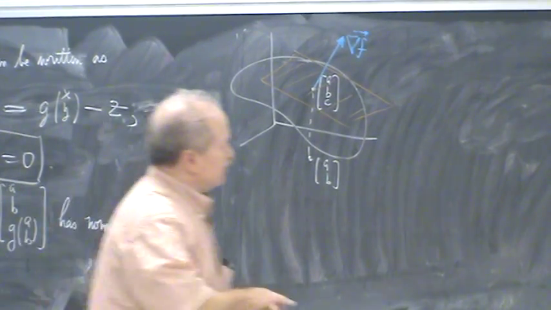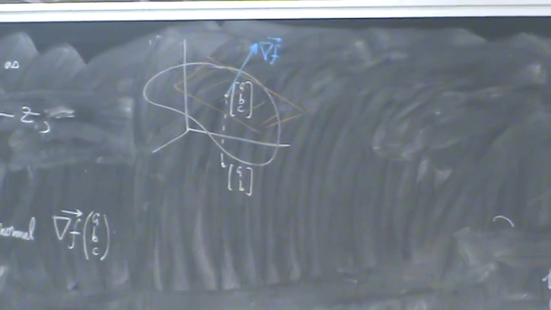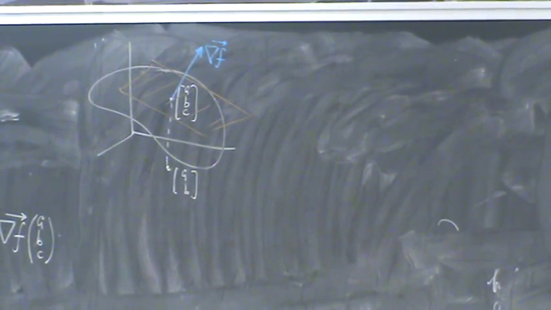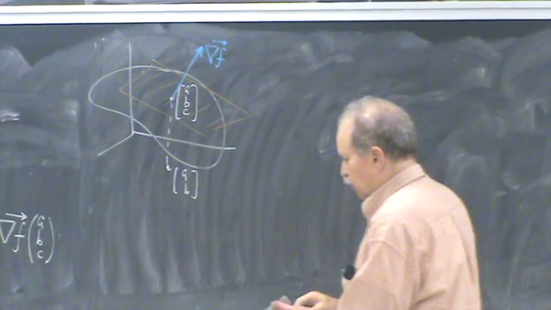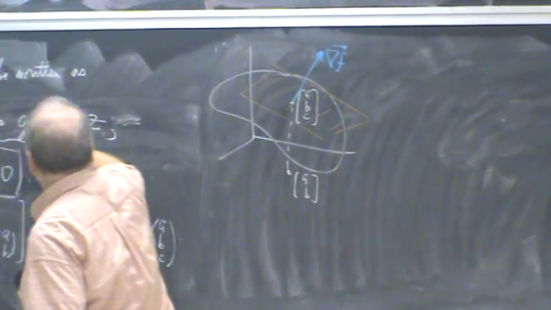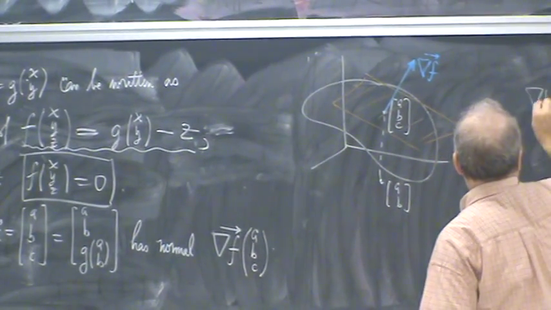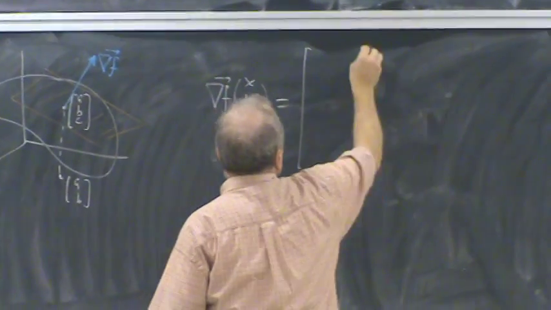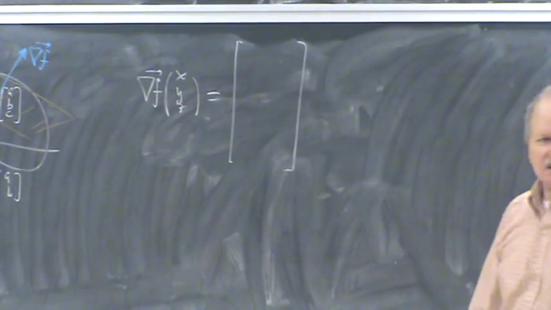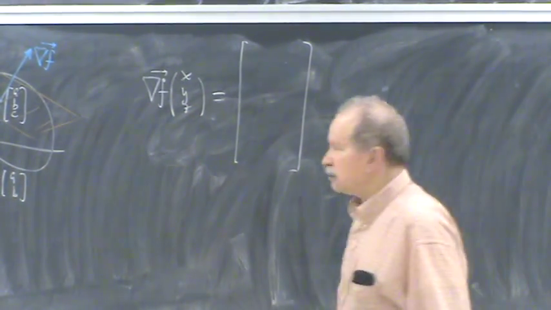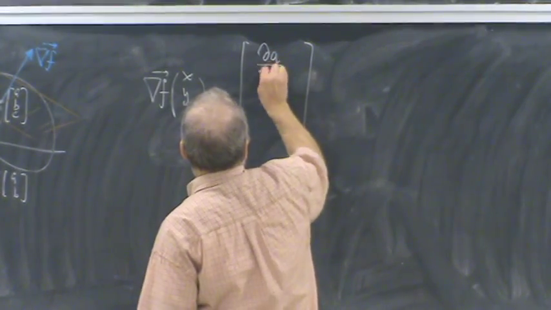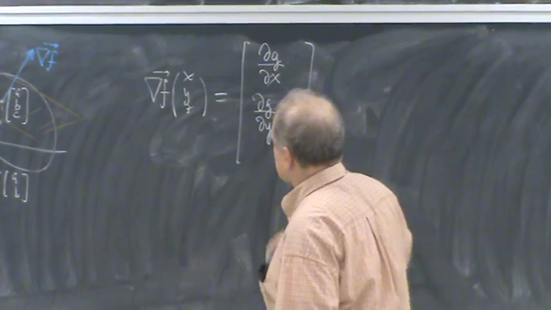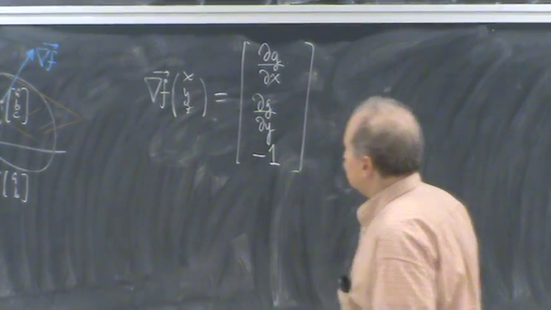Well, what is the gradient of f? Here's the formula for f. What's the gradient of f? What's the partial with respect to x? dg/dx. What's the partial with respect to y? dg/dy. What's the partial with respect to z? Negative 1. So that's the normal vector.